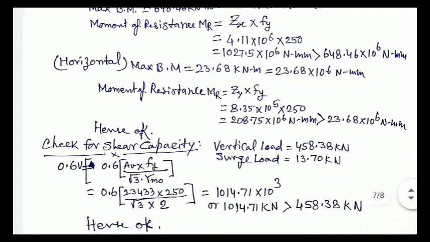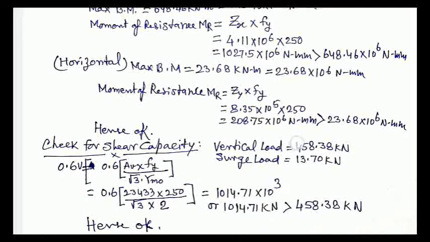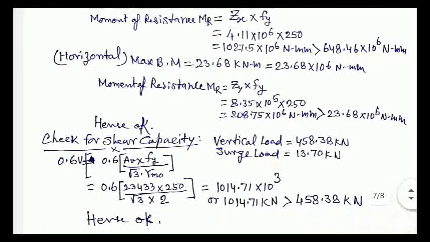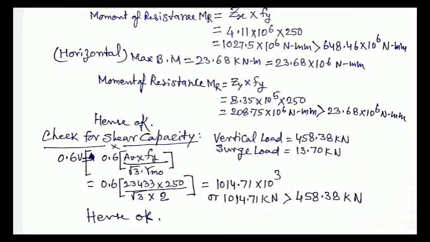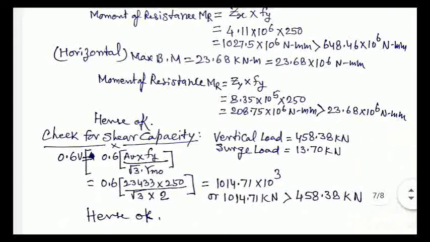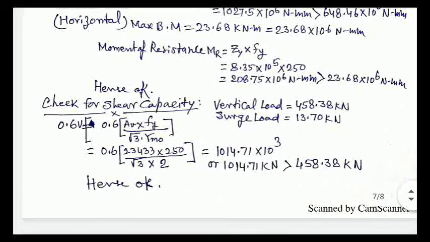So it comes out to be 208.75 into 10 raised to power 6 Newton mm, which is again far more than 23.68 into 10 raised to power 6, the maximum bending moment in horizontal or lateral direction. Hence the design is perfect and okay for the maximum bending moment check of the section.